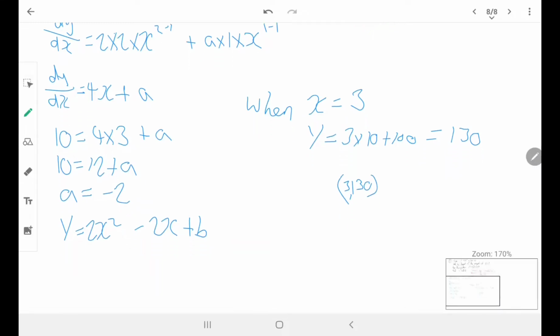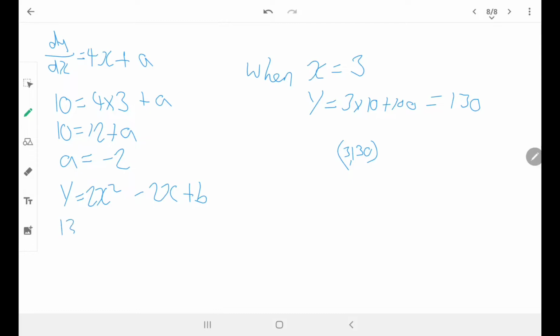So I can plug in those numbers. 130 equals 2 lots of 3 squared, minus 2 lots of 3 plus b.